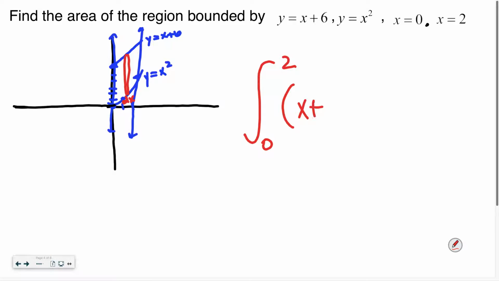So our top function you said was x plus 6 minus our bottom function was x squared, and those rectangles all have thickness dx. And by taking the integral, you're adding up all of those rectangles together. It's as simple as that.